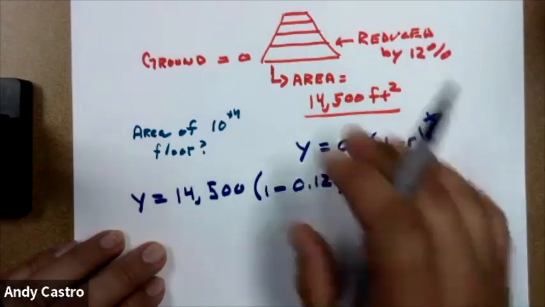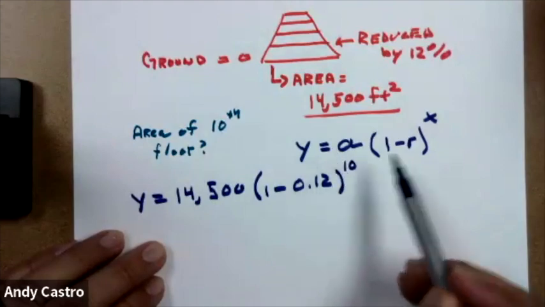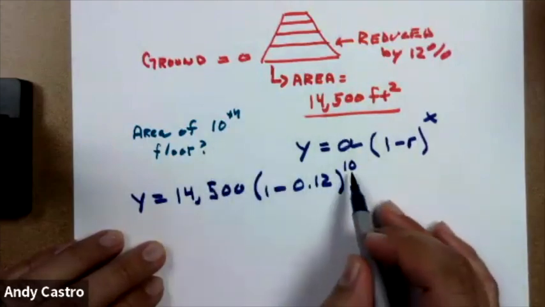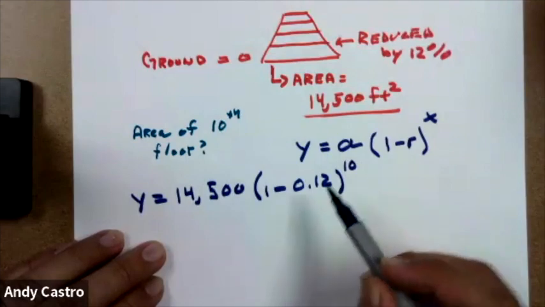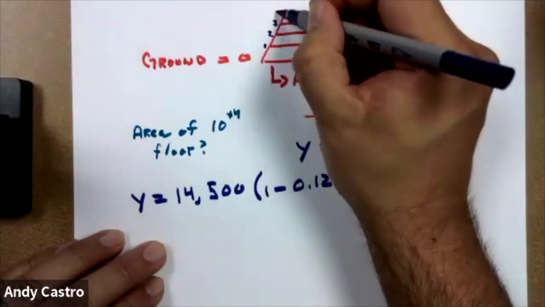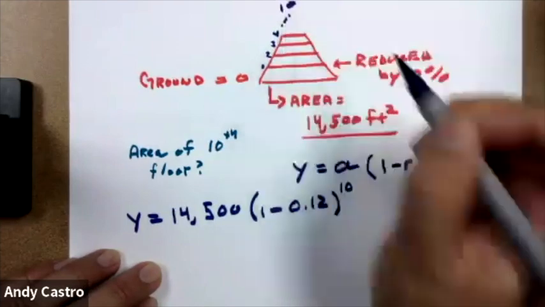We're going to be doing it 10 times. So it's going to subtract 12% from this, get that total, subtract the next 12%, get that total, subtract the next 12%, all the way up to floor 10, right? So here would be floor 1, 2, 3, 4, so on and so forth until we get to 10.